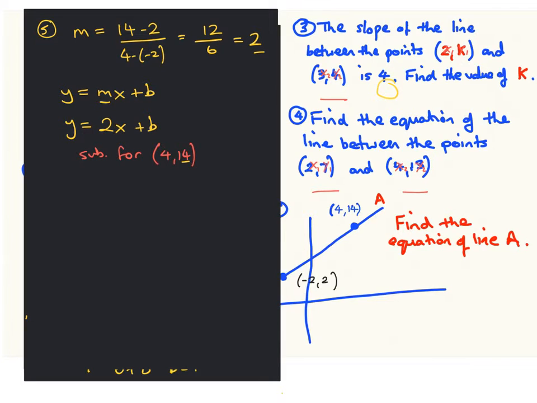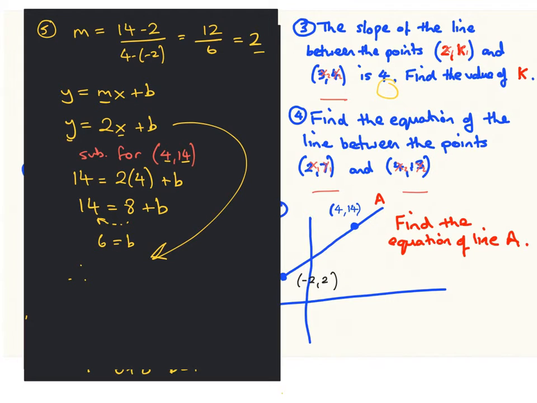The 14 is going to replace the y, and the 4 is going to replace the x. So 14 equals 2 times 4 plus b. 2 times 4 is 8, and if we subtract 8 to the other side, we get 6 is b. Final answer goes into here, so we get y equals 2x plus 6.